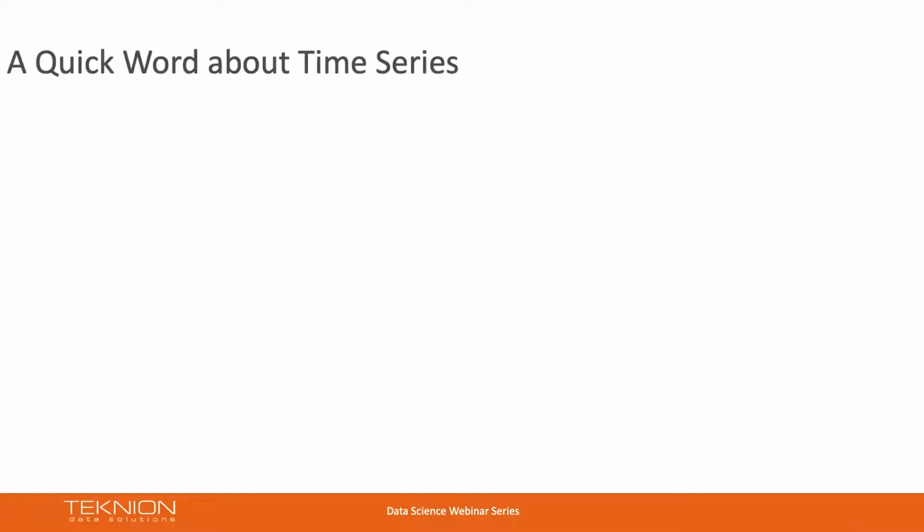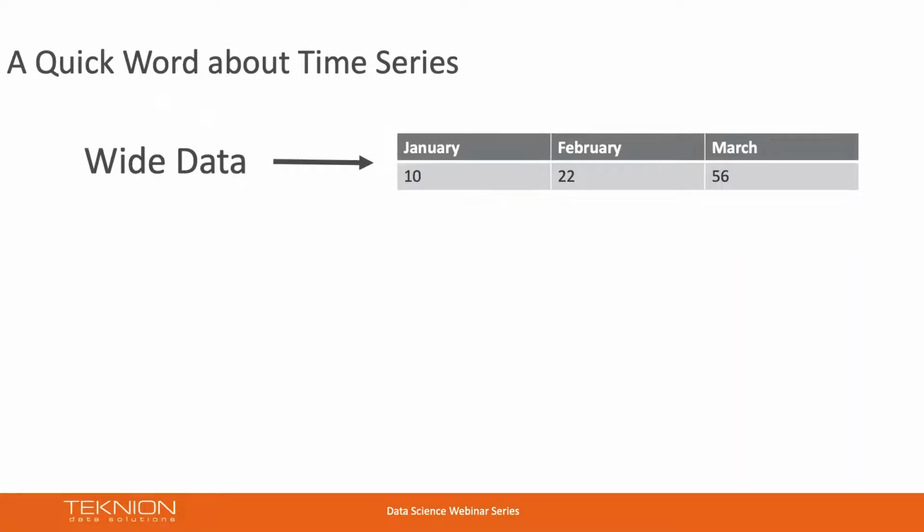So a quick word about time series and how you store your data when it's in time series. Most of the time when you store data in a warehouse across time, you're going to have what we call wide data. This is totally fine for storing it, but I wanted to point out that you're not going to analyze it in this format.